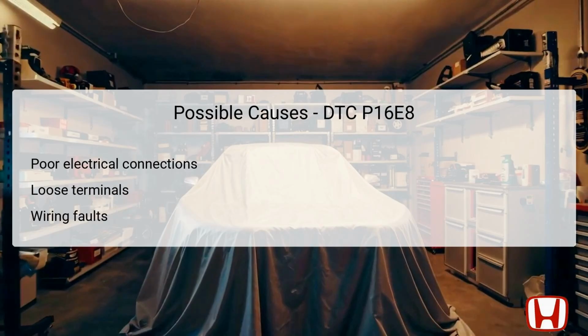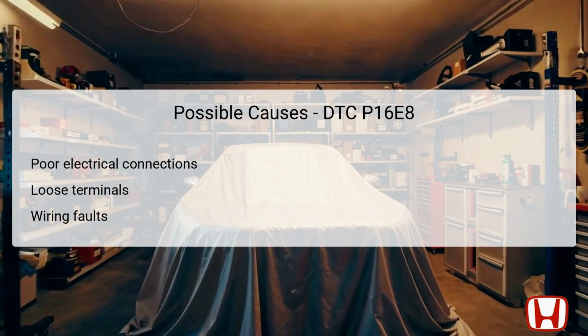The first common issue could be poor electrical connections, which occur when connections between the shutter grille and the PCM are compromised. This may be due to corrosion, dirt, or manufacturing defects. Loose terminals can also significantly impair communication, rendering the electrical signals between components intermittent.